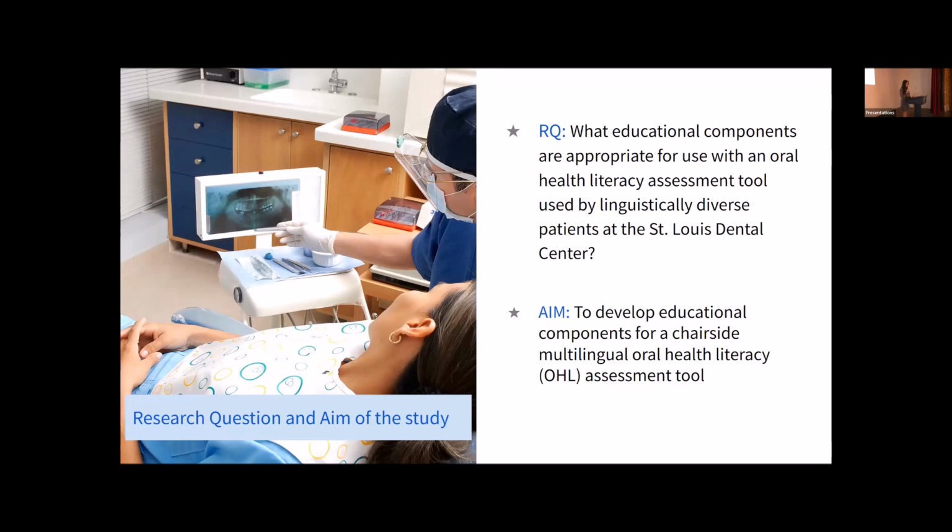So this brings us to our research question: what educational components are appropriate for use with oral health literacy assessment tools used by linguistically diverse patients at the St. Louis Dental Center? The aim of our study is to develop educational components for a chairside multilingual oral health literacy assessment tool. Next slide, please.